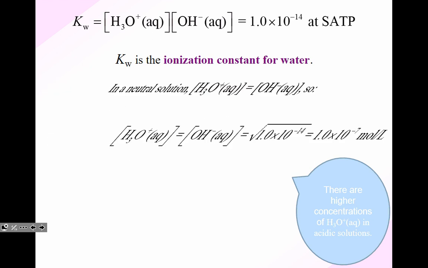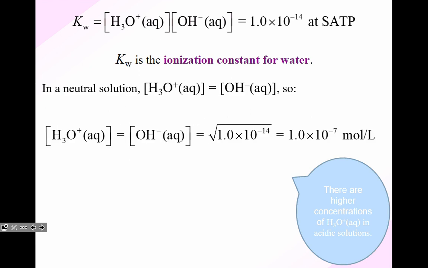Our Kw is equal to the concentration of hydronium ions multiplied by the concentration of hydroxide ions, which should give you 1.0 times 10 to the negative 14 at SATP. Remember, SATP is standard ambient temperature and pressure, and it's at around 25 degrees, but that's kind of arbitrary. Kw is the ionization constant for water. That's really important. This is a shortcut from what we did in Chem 20 when we looked at pH, pOH, concentration of hydroxide ions, and concentration of hydronium ions. So this is a really cute shortcut.